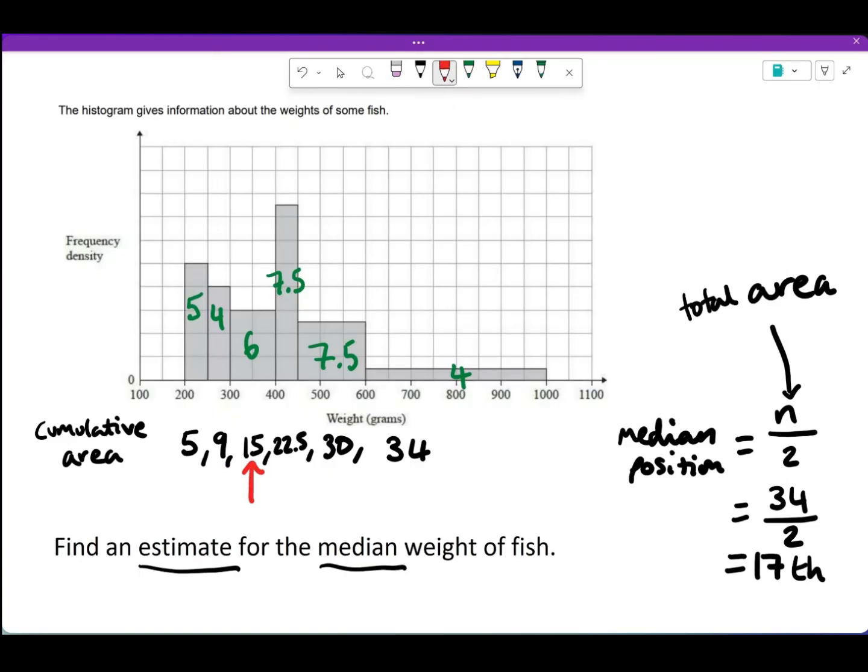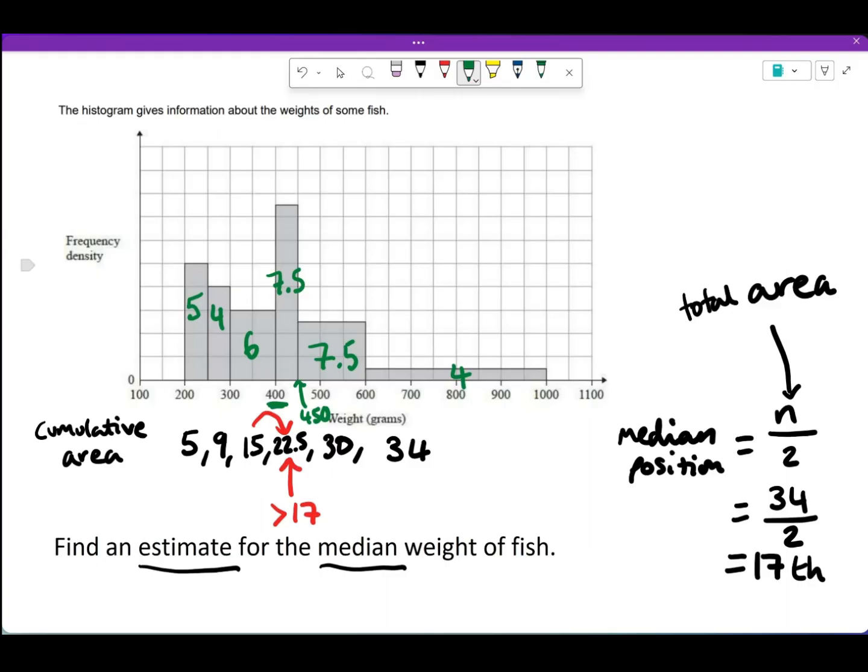But once again, 17 is bigger than that, so we still haven't got to the median. And then if we look at our next bar, we have 22.5, which is greater than 17. So we have added the median in, going from our third bar to our fourth bar. So the median is going to be between 400 and the end of this bar here, which is going to be 450. So our median weight is going to be somewhere between 400 grams and 450 grams.